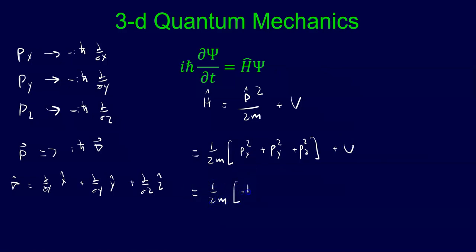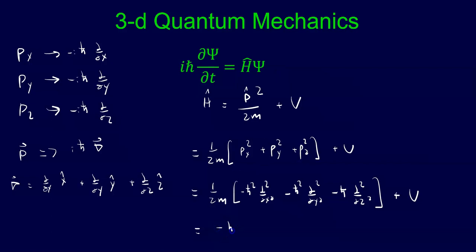And if we work through this, we get 1 over 2m, and when we square these, we get negative h bar squared d dx squared, negative h bar squared d dy squared, negative h bar squared d dz squared, plus our potential.